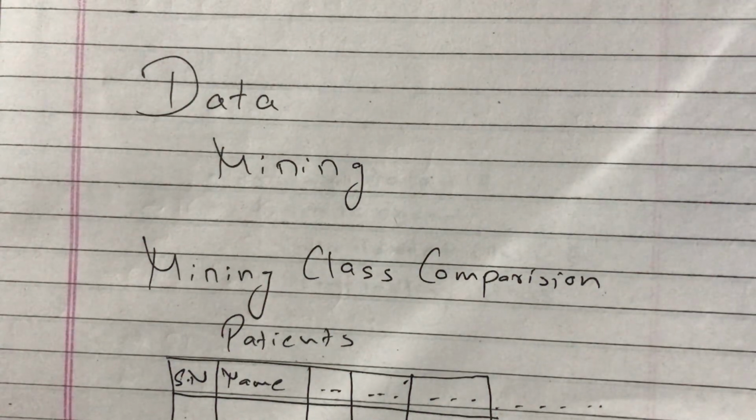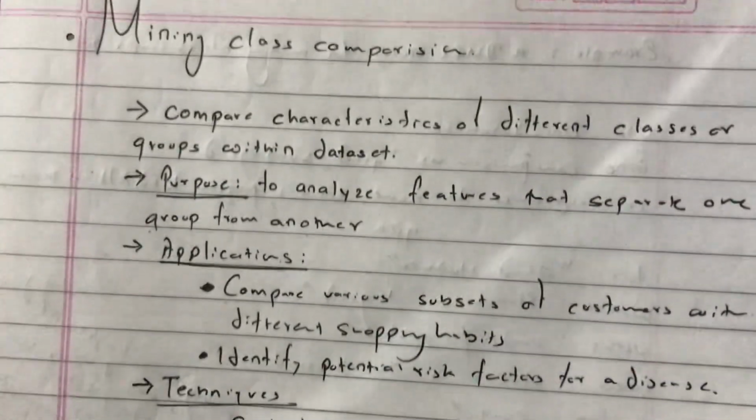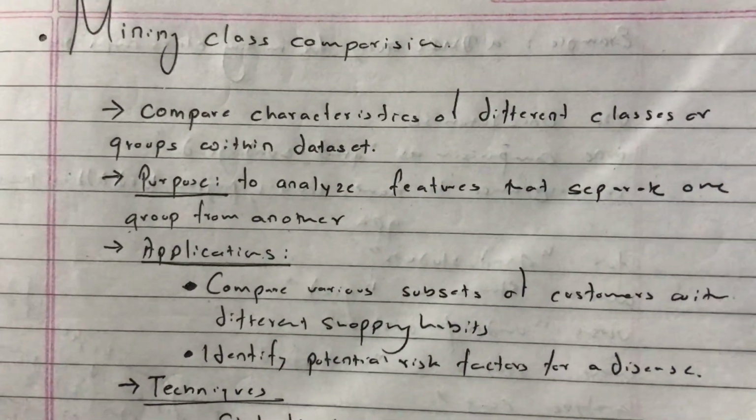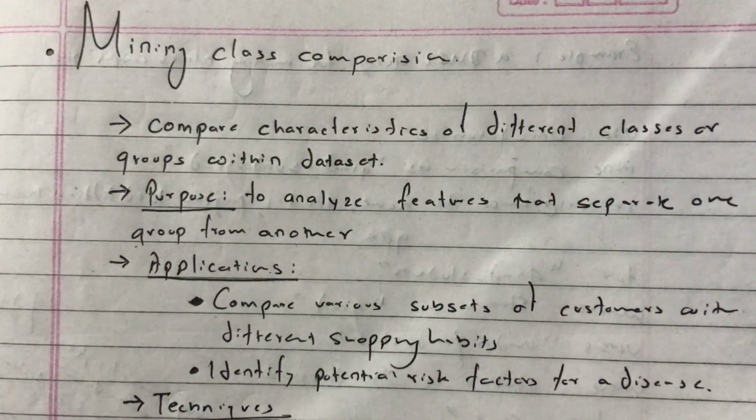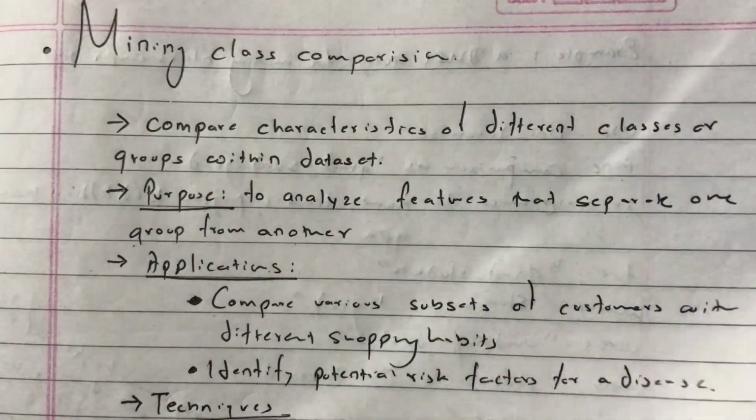So what is mining class comparison? Suppose you have a database and you want to compare different data points. The process you go for is mining class comparison. In class comparison there are two terms you need to understand.